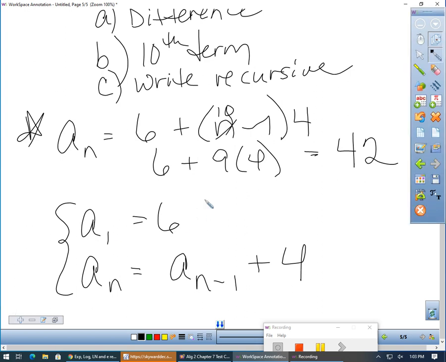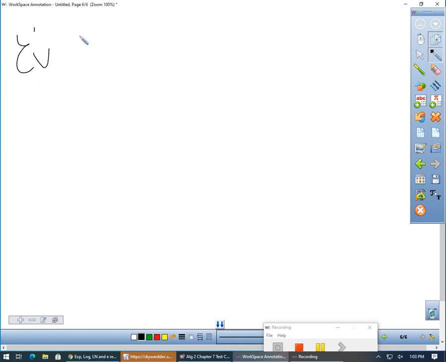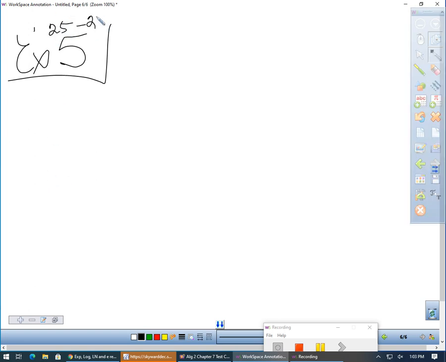Example number 5. I want to do one with geometric real quick, which will cover 25 through 28. And then 29 and 31 are actually applying the stuff you already talked about. You'll be fine.